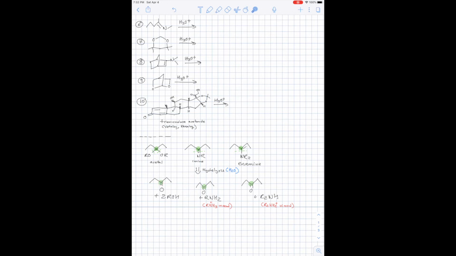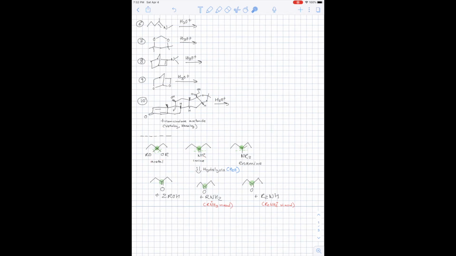So the carbon that is attached to the carbonyl in the aldehyde or ketone is the one that gets attached to the heteroatom or heteroatoms in the acetal, imine, or enamine. It's easy to get distracted by this double bond.